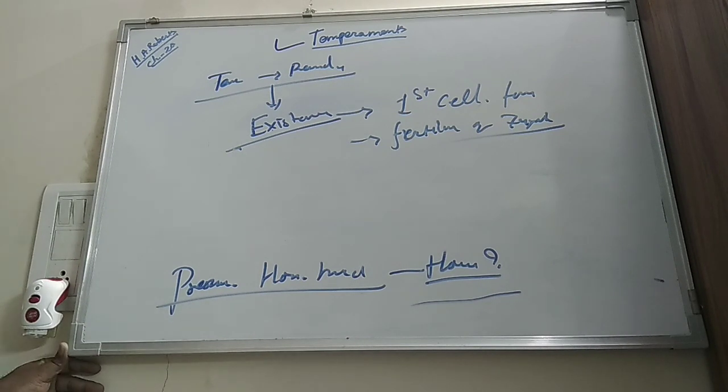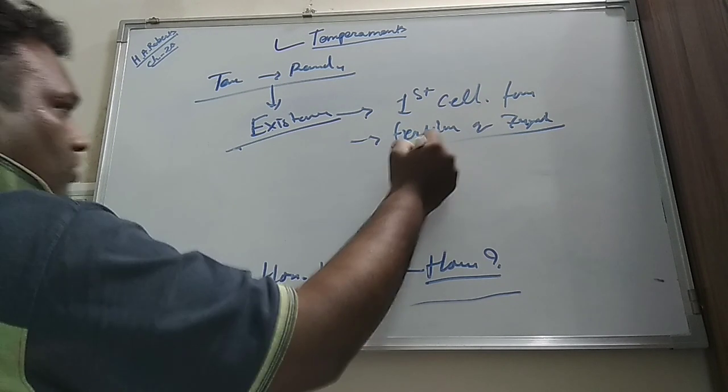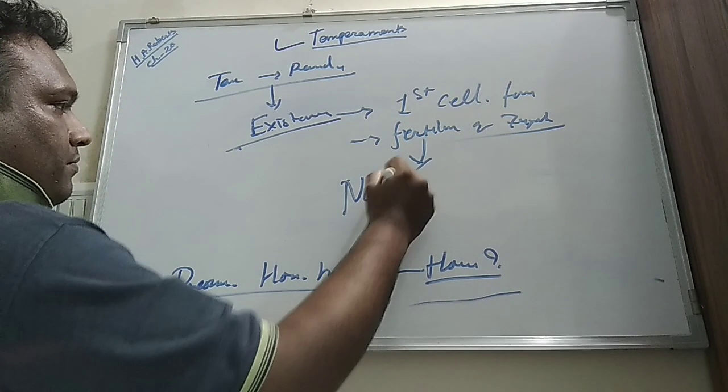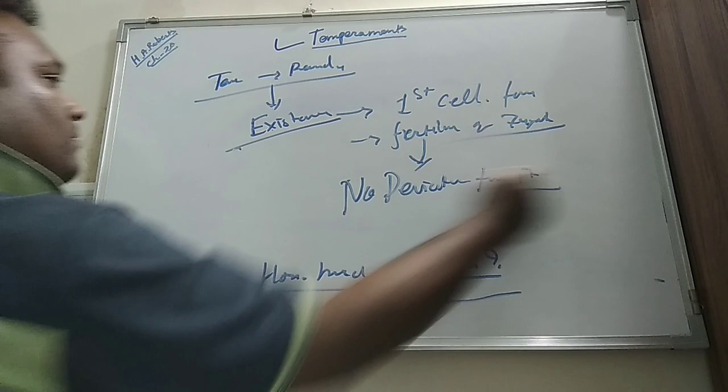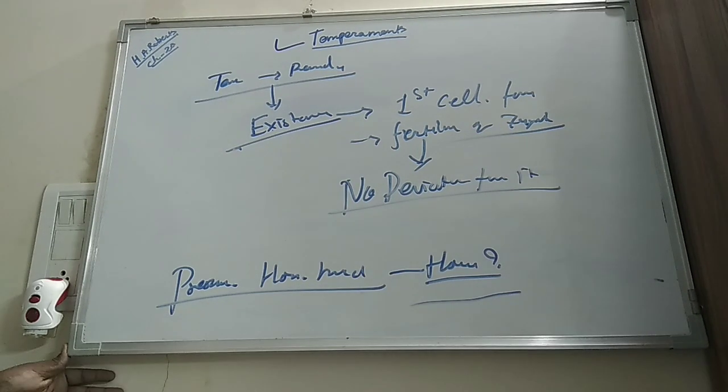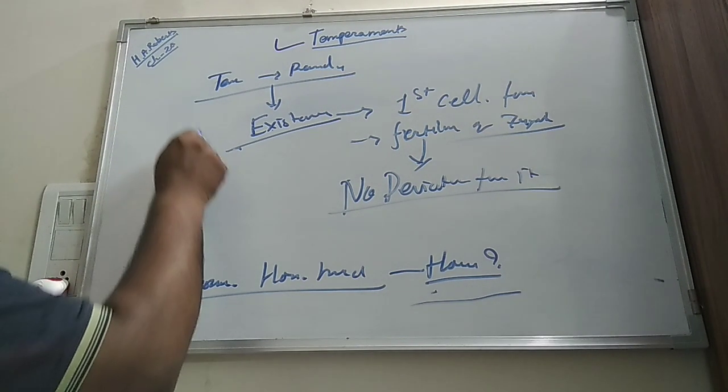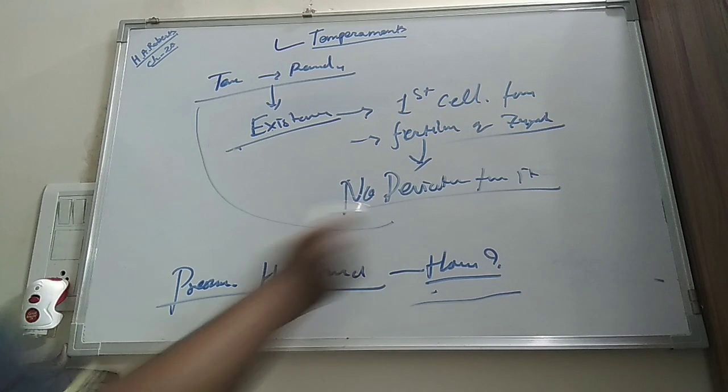When a parent cell unites and becomes one, this once happened, there is no deviation from it. Remember this. To understand how, we have to understand how it comes into existence.